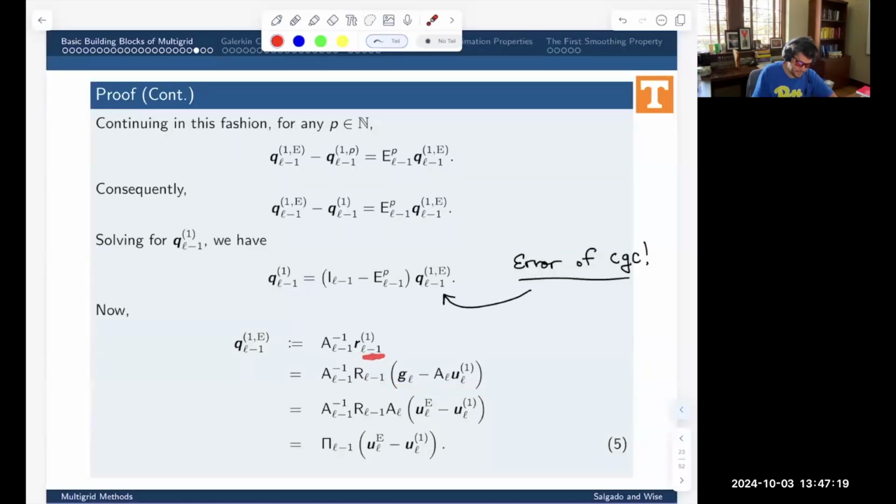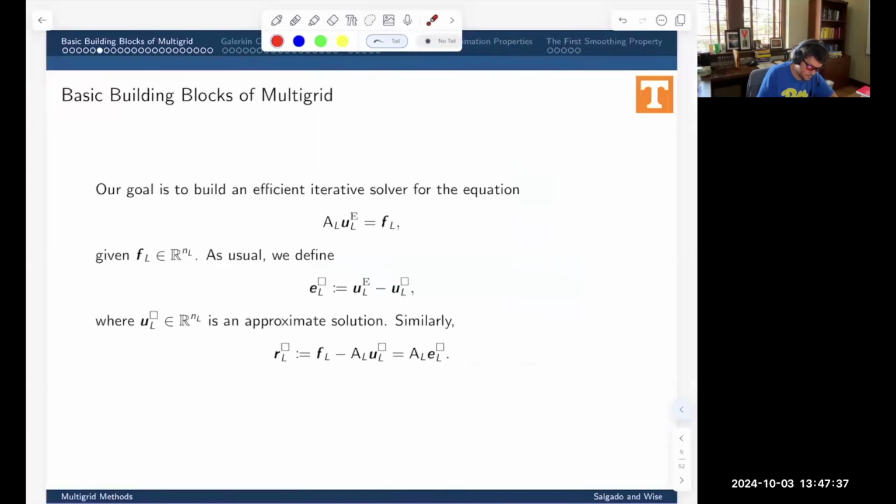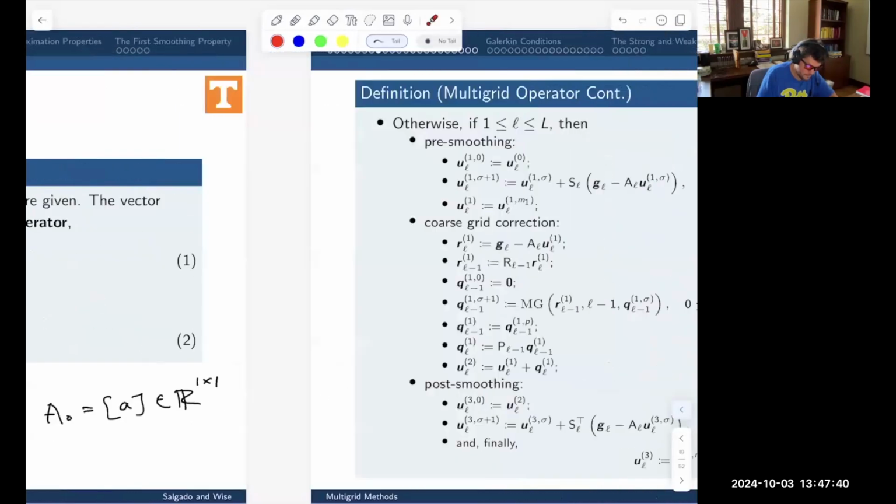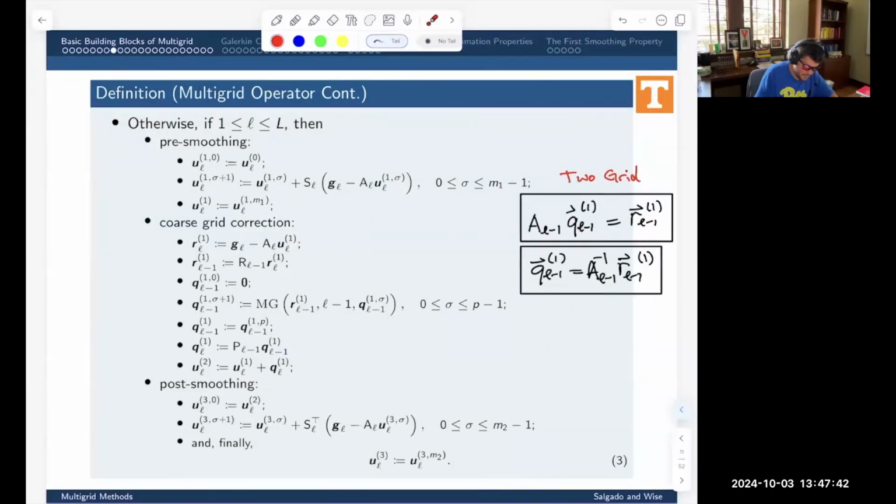Now why do we get this matrix? The reason we get this matrix is, remember, this guy was defined by restricting this guy to the coarse grid, the relative coarse grid. So this is by definition. If you go back for a second, right, there is our residual, and we project it or push it down to the coarse grid through this action here, and this is the object we're defining.